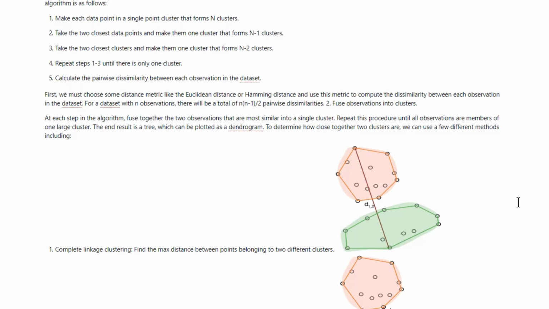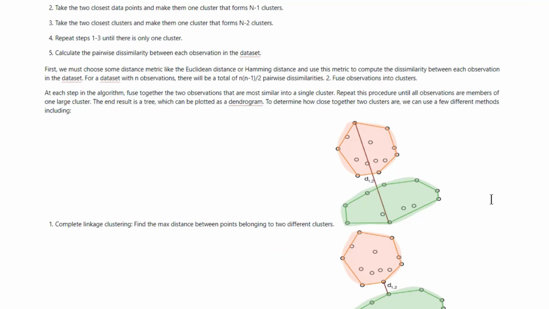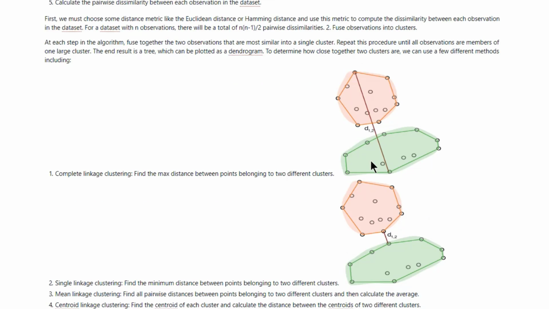To determine how close two clusters are, we can use different methods including complete linkage clustering, which finds the maximum distance between points belonging to the two different clusters. For example, the orange cluster and the green cluster have the distance d12, which is the maximum pairwise distance between the points belonging to the two different corresponding clusters. Next, we can talk about single linkage clustering, where we find the minimum distance between the points belonging to the two different clusters.